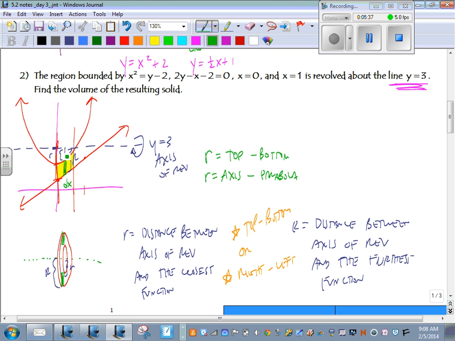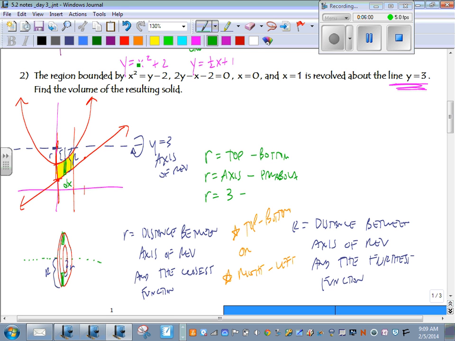This is a vertical distance, so it's like a y value. What's the y value of that axis of revolution? 3. Right? What's the y value of the parabola? Well, remember, this is a dx cut, so what's the y value in terms of x?